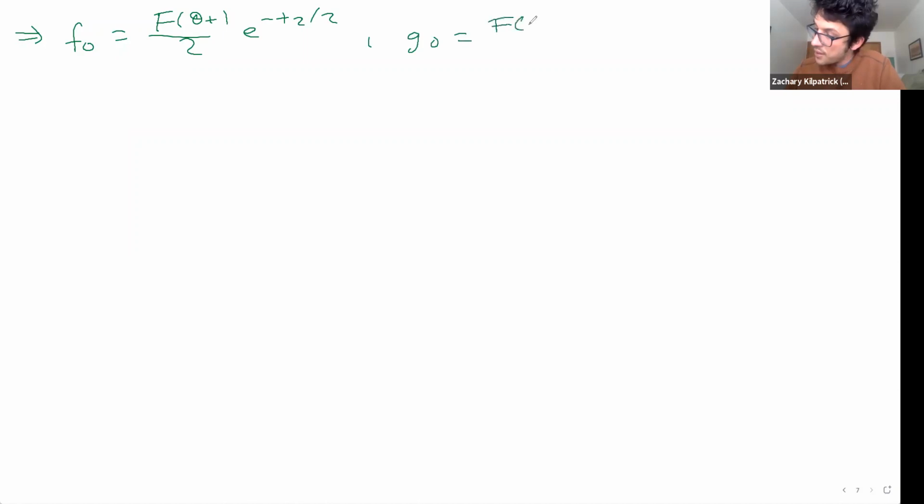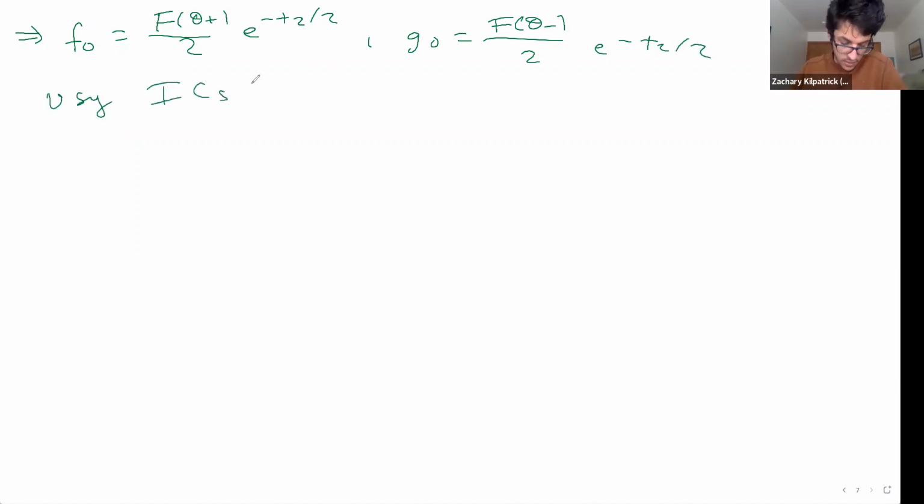We end up then with F0 equal to F of theta plus over 2 times e to the minus T2 over 2, and G0 equal to F of theta minus over 2 times e to the minus T2 over 2.